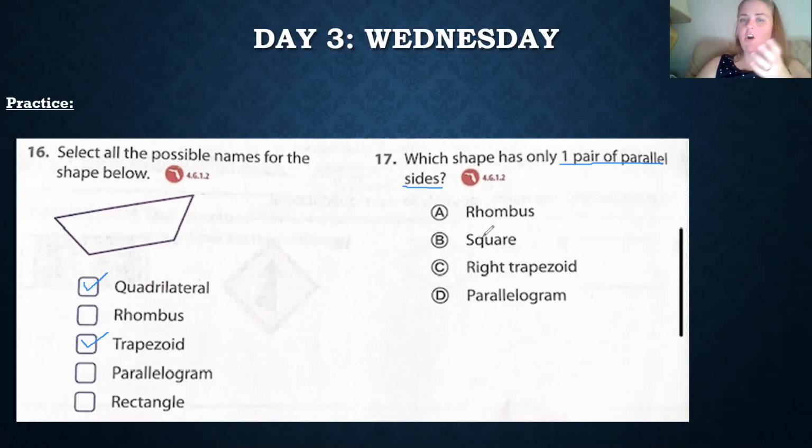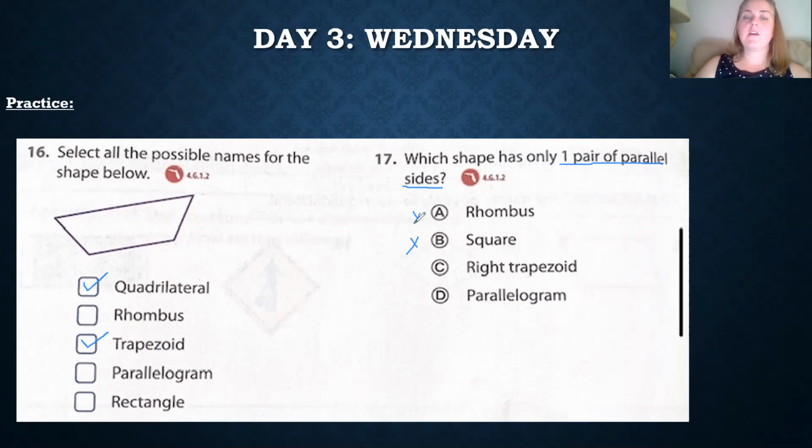A square, they're all the same, so it has 2 sets of parallel sides. So we know it's not a square. A rhombus wouldn't work because a rhombus has 2 pairs of parallel sides.